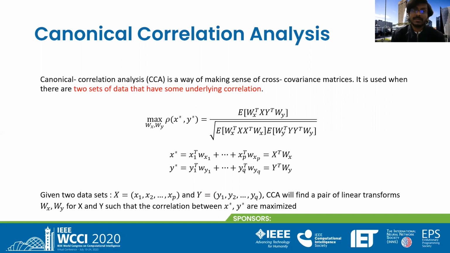It's a very simple technique which makes sense by using the cross covariance matrix to find the underlying correlation between two sets of different signals. One is basically a signal you're acquiring from the user every second or every minute, depending on how long you want a trial, compared to the standard signal.